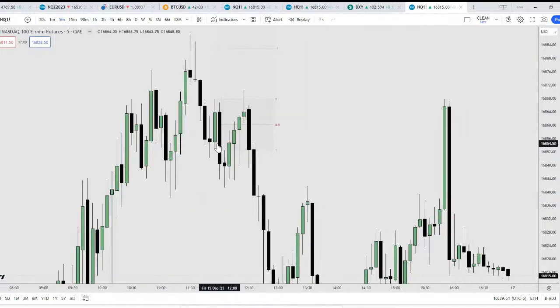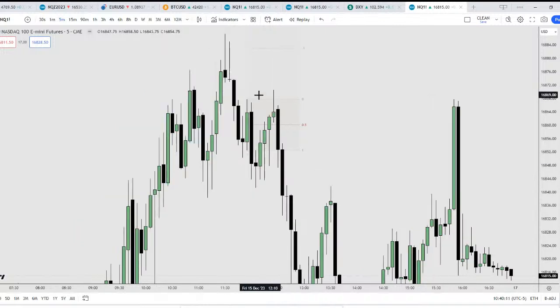So let's say you enter at the opening price here. This candle basically tells you that it's going to run above this swing high. So when you have such scenarios, anticipate a probability of a high resistance liquidity run.